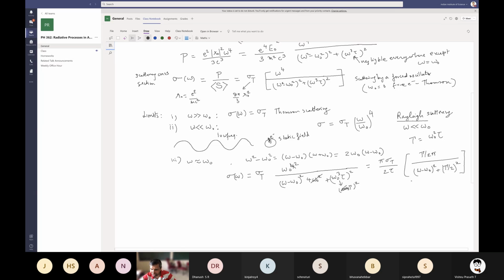Again, this is the normalized Lorentzian line profile, exactly like the natural oscillator without driving. So basically what it means is that the cross section has a Lorentzian shape near resonance, just like for natural oscillations.